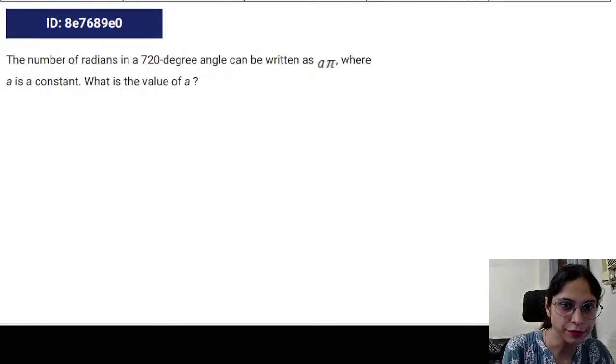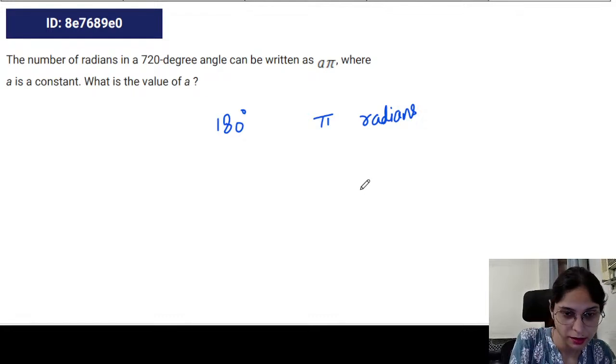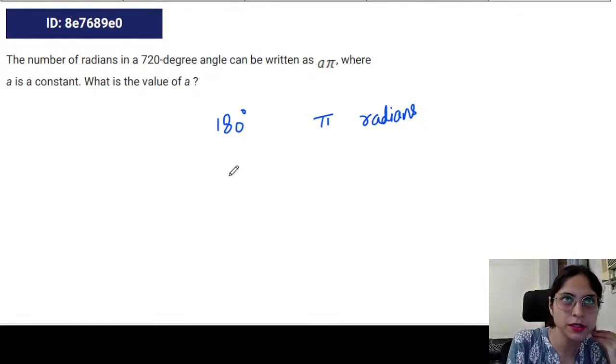So the number of radians in a 720 degree angle can be written as a pi, where a is a constant. What is the value of a? For degrees to radians, you just have to remember that 180 degrees gives you pi radians. That's the easiest way. Now we can make a table like we learned in ratio.